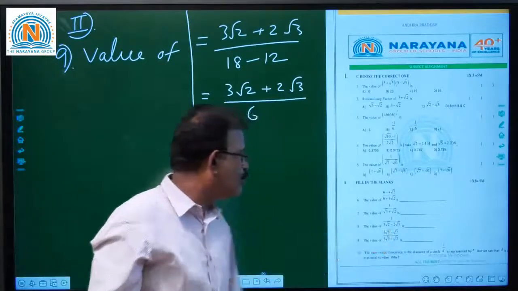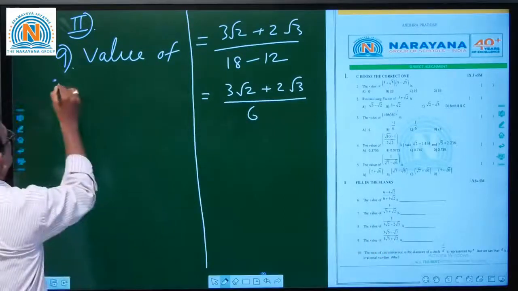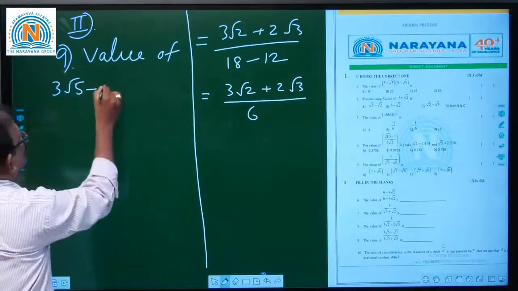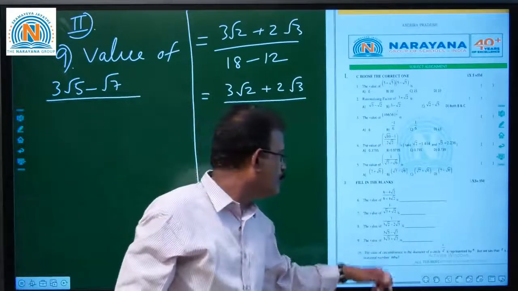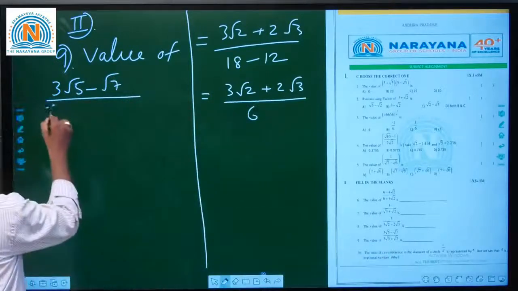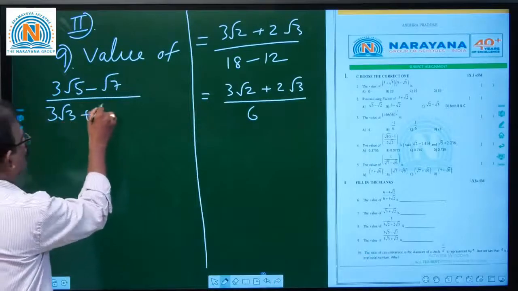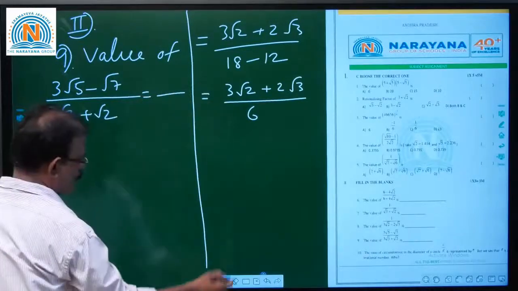The value of 3 root 5 minus root 7 whole divided by 3 root 3 plus root 2 is how much?